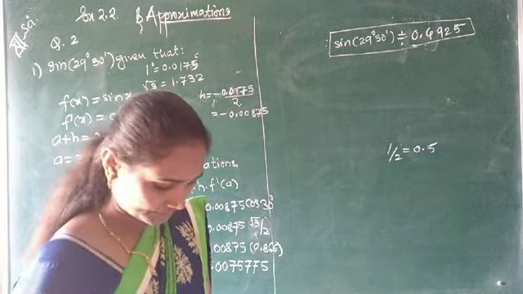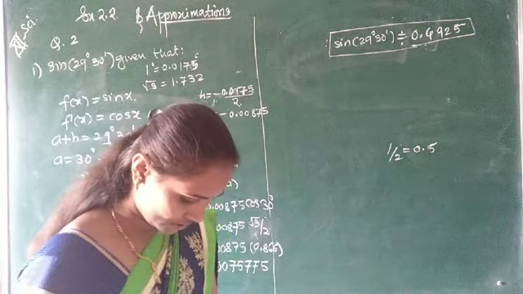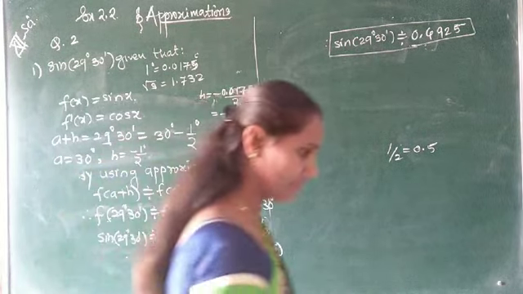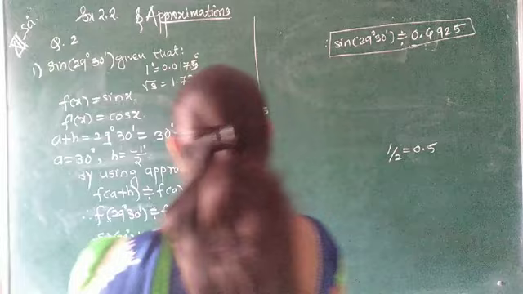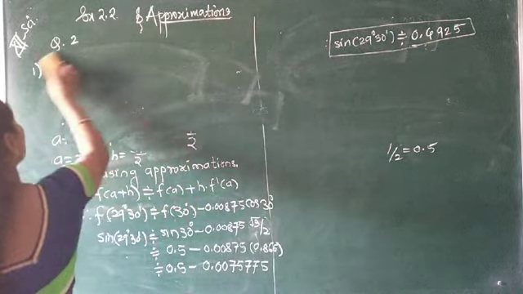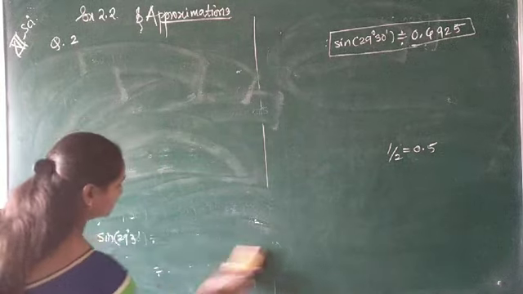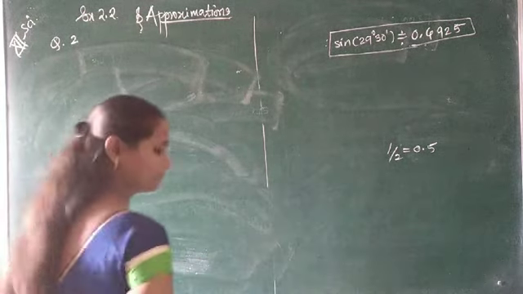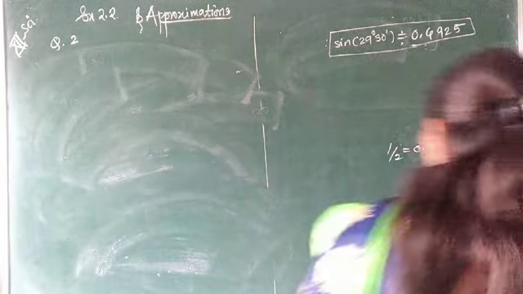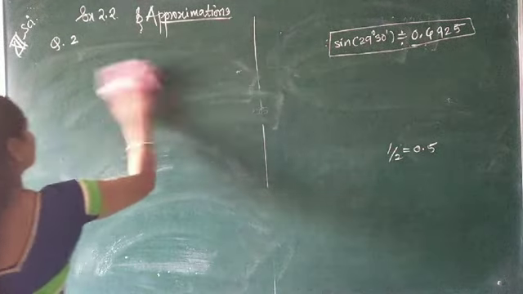Now let us see the next question, that is cos of 60 degree and 30 minutes.